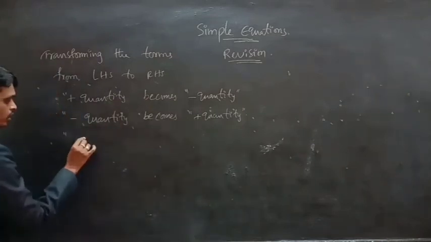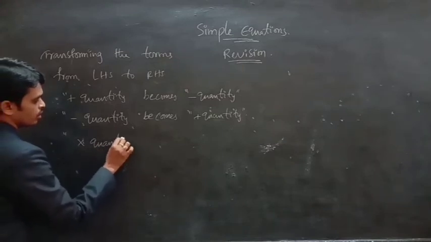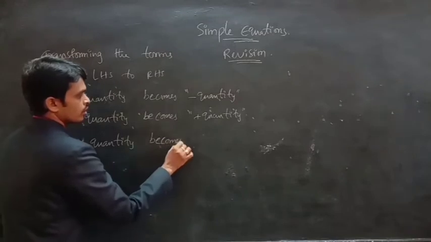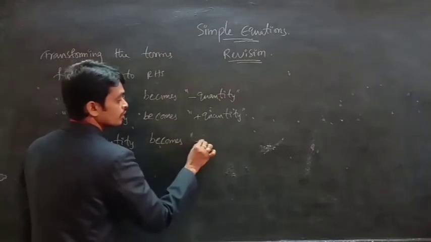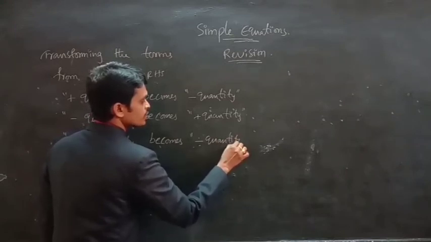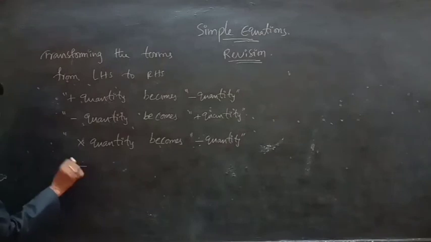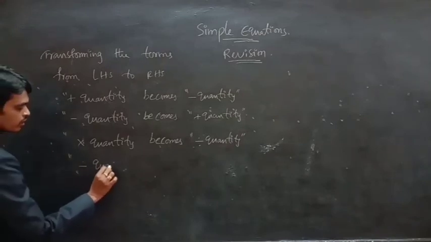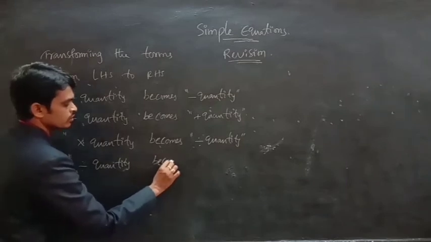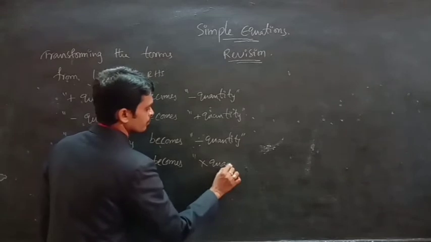Next, multiplication quantity becomes division quantity, and the division quantity becomes multiplication quantity.